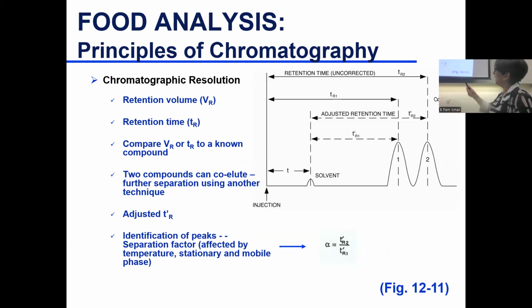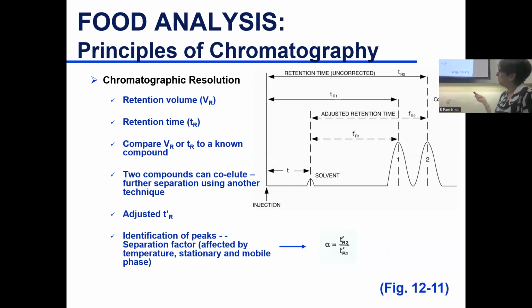If you want to compare a compound's elution time with another researcher who did the work using a different system, you're better off calculating the adjusted retention time by looking at the time for the solvent front and adjusting the retention time for that. So you get the adjusted retention time.